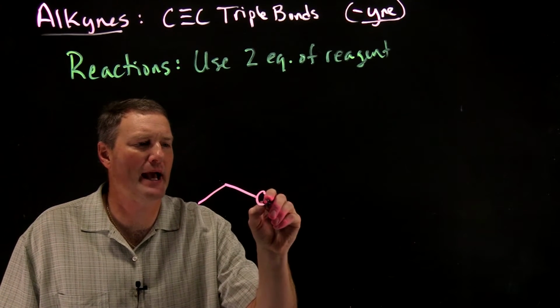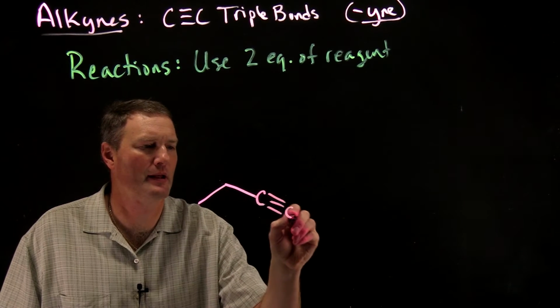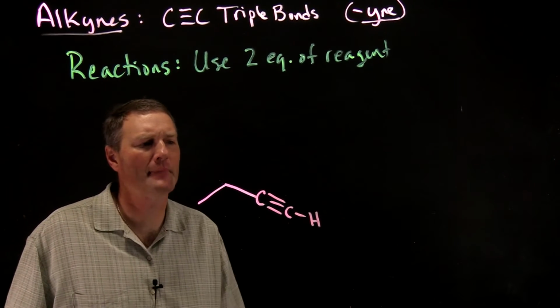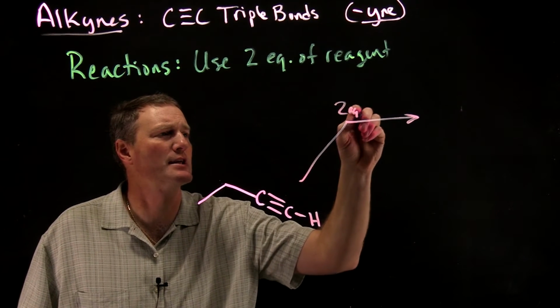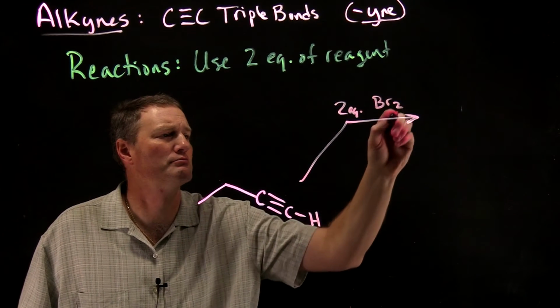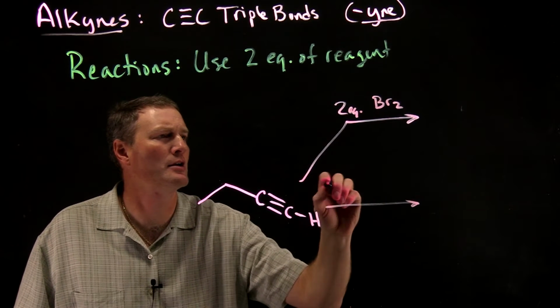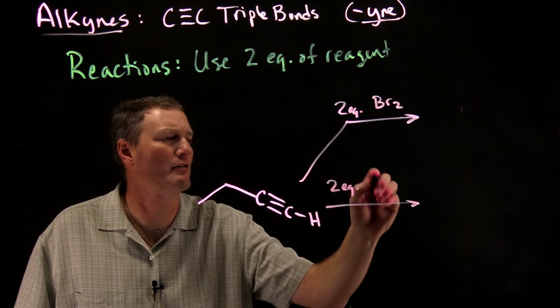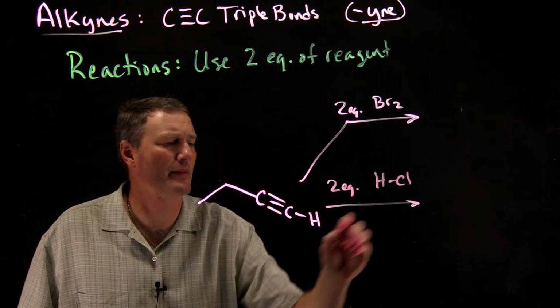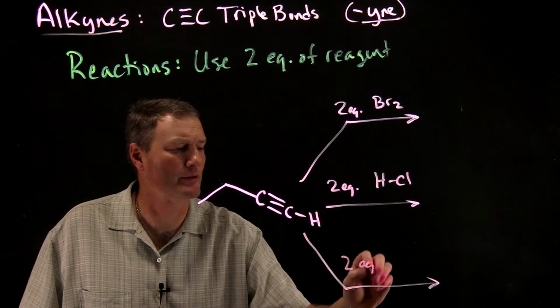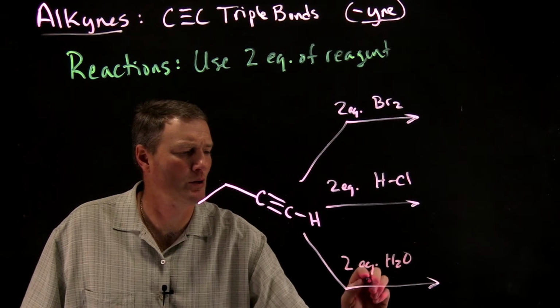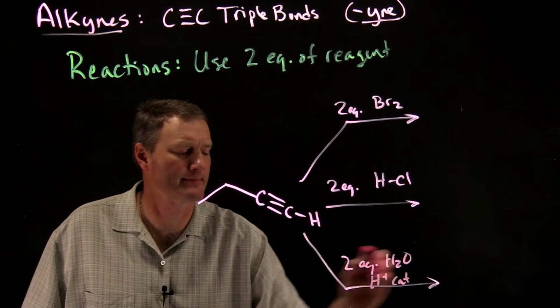So let's take a look at this compound and see what it would give me if I use 2 equivalents of Br2, 2 equivalents of HCl, or 2 equivalents of water with an H+ catalyst.